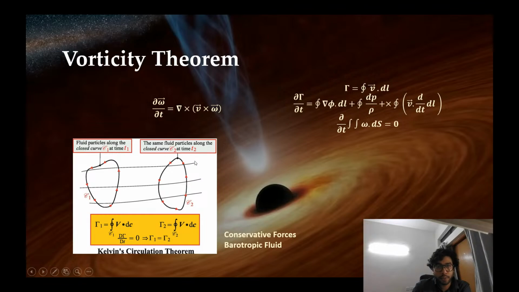If you look at this picture and you have a fluid which is moving like this, and you consider an imaginary loop, like shown over here, and you integrate v over this loop, this is what is called a closed integral.